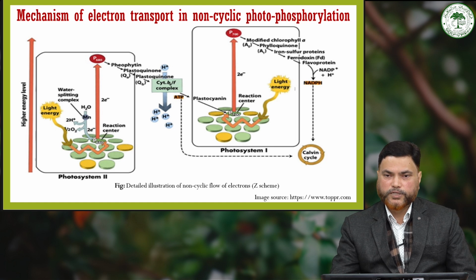Plastoquinol then diffuses within the thylakoid membrane and binds to the cytochrome B6F complex, which lies between photosystem 2 and photosystem 1. The cytochrome B6F complex oxidizes plastoquinol and pumps protons from the stroma into the thylakoid lumen.